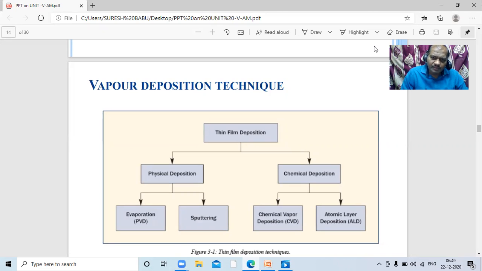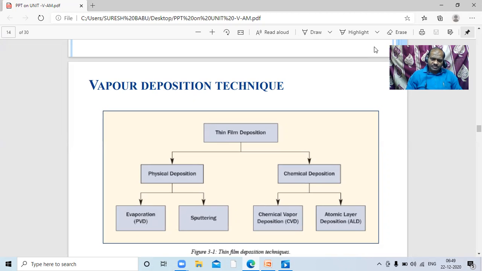So these are the methods that are possible. Once again, thin film deposition has physical deposition and chemical deposition. In physical deposition, vapor deposition and sputtering are there.